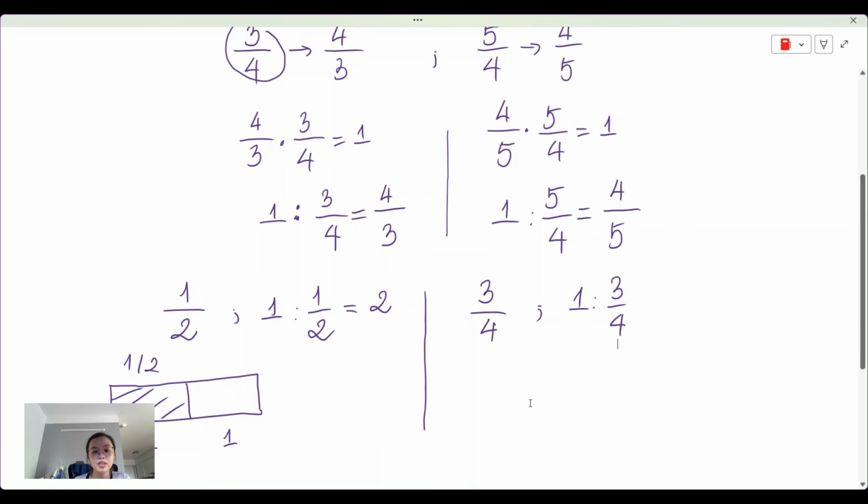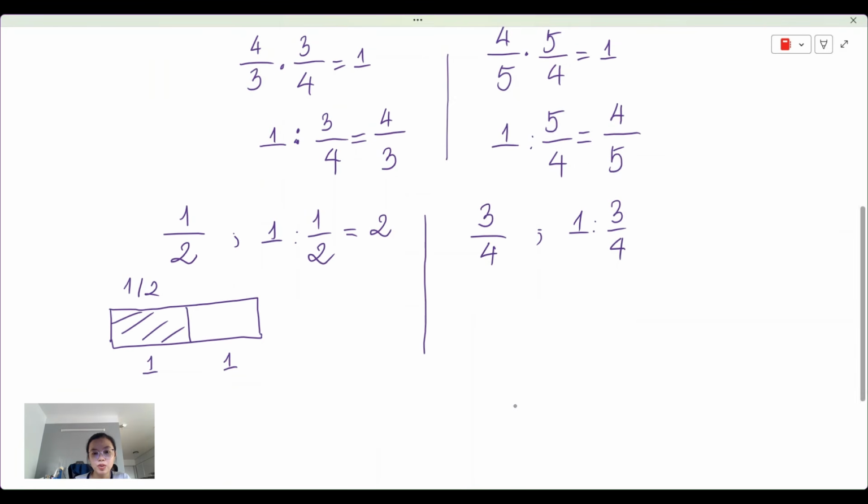Okay, let me draw a rectangle. A rectangle is a whole, and I will divide it into 4 equal parts. 1, 2, 3, 4, and I have 3/4 here. How many of 3/4 fit into 1?